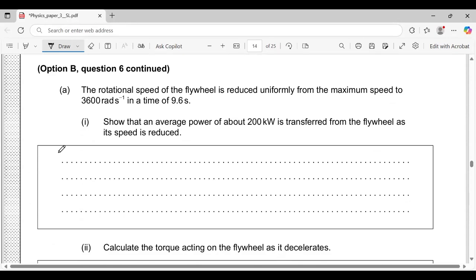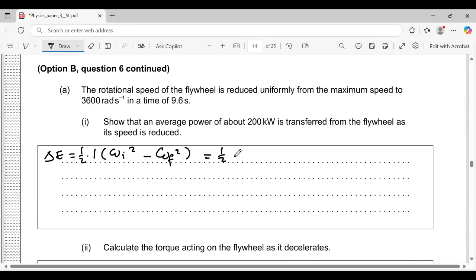I will use the formula that the change in energy, delta E, equals 1/2 times I times omega_i squared minus omega_f squared, where omega_i is the initial angular speed and omega_f is the final angular speed.